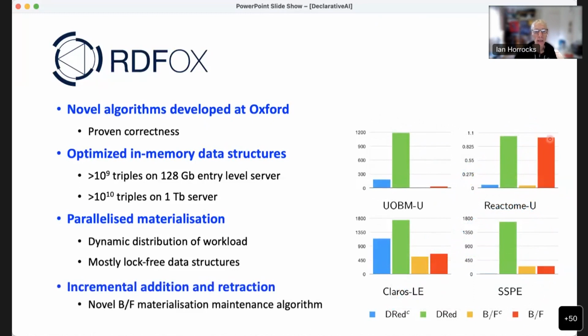And finally, another aspect of our research, which, as I was mentioning, was really important, was research into these truth maintenance algorithms. The basis for that is the DRed algorithm, which has been around for a long time in the database area, and is used for view maintenance in databases.